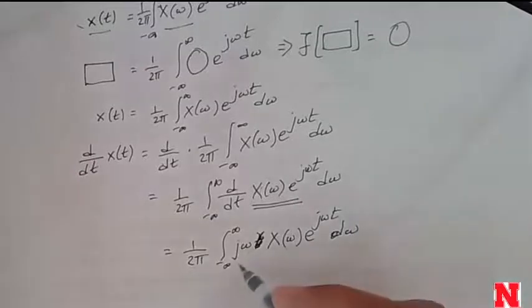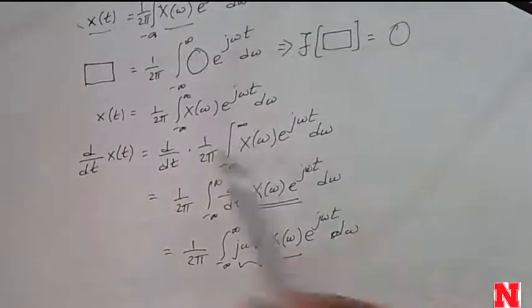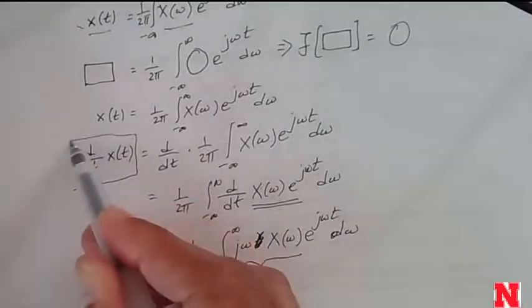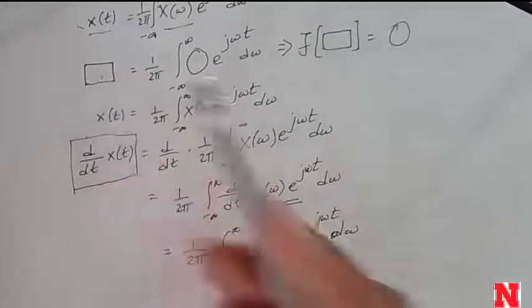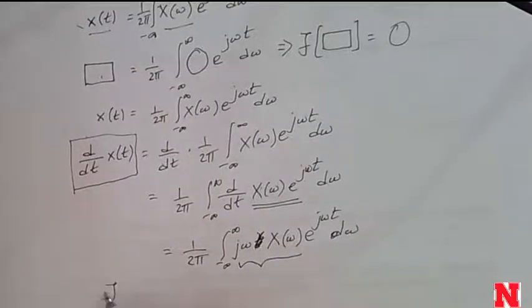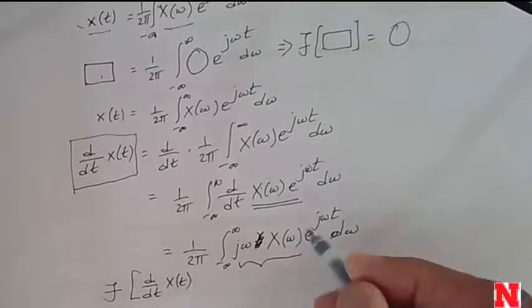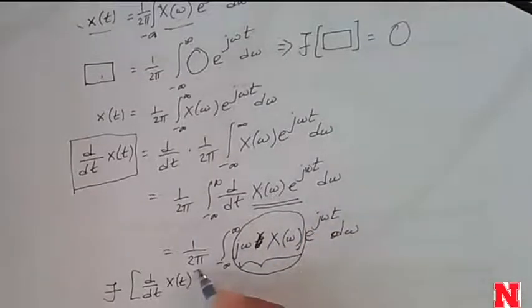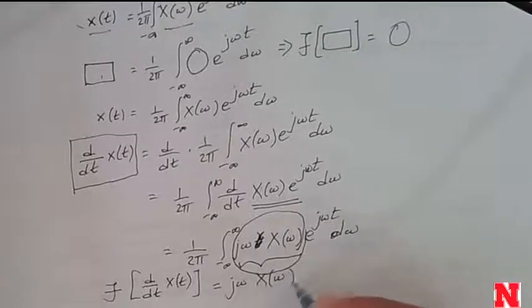Right? This is this. So the Fourier transform of d by dt x of t is equal to j omega x of omega. Okay, so that's the differentiation property.